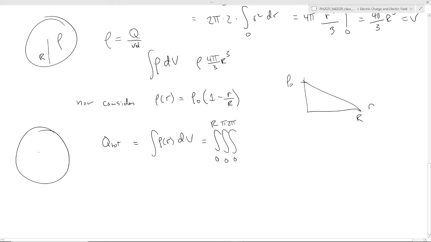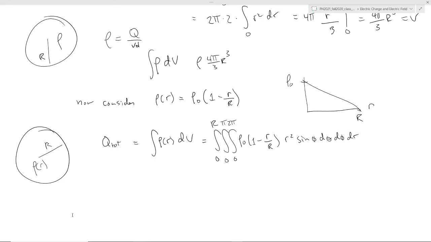So again, this is assuming we have some sphere of radius R that has this dependence on the charge distribution. So this thing would be inside our integral, and our differential volume element, remember we need that, our r squared sine phi d theta d phi dr.